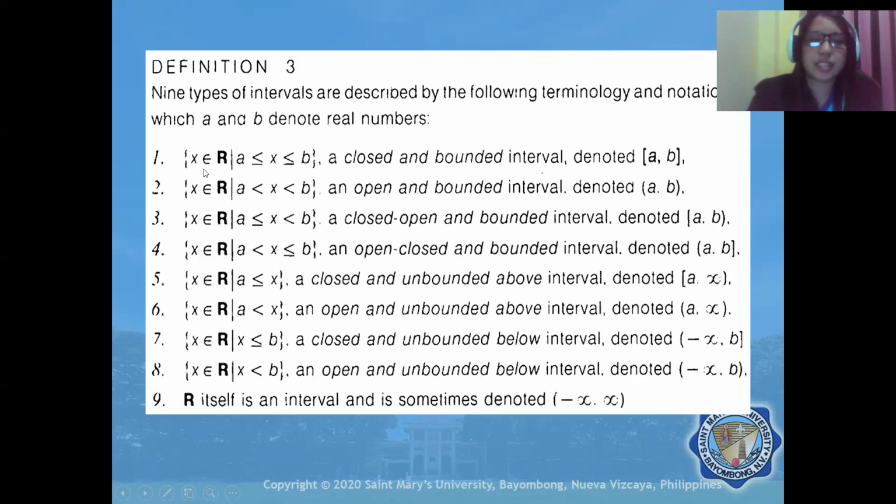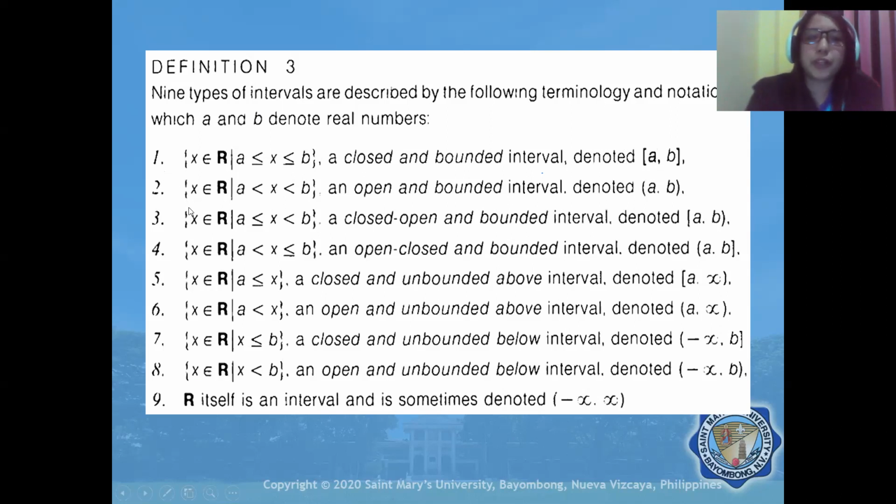So we have X, an element of the real numbers, where X is greater than or equal to A but less than or equal to B. Of course, this can be written as an open square bracket A and a close square bracket B. If we have the equal sign, we use the square bracket. So it is a closed and bounded interval because it contains A and B.